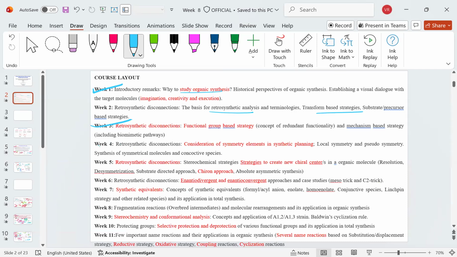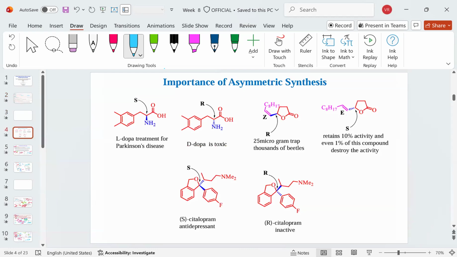Further, we have also slowly started the problems which involve stereochemistry. Why is it important to understand stereochemistry based problems, or why is asymmetric synthesis important?